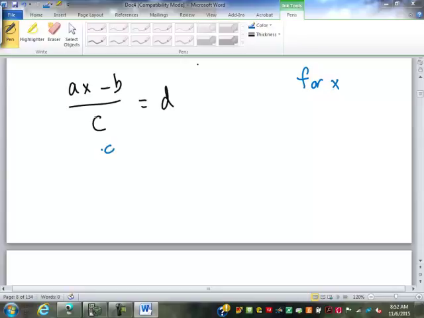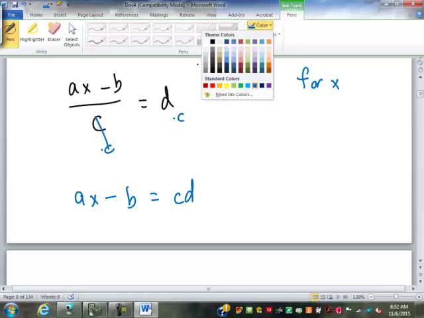So multiplying by c makes that go away. What's d times c? dc or cd, however you want to put it. They both mean the same thing, right? But usually I'm going to put cd just because math grammar says you try to go alphabetical if you can.